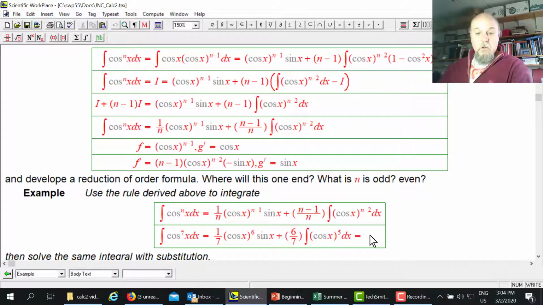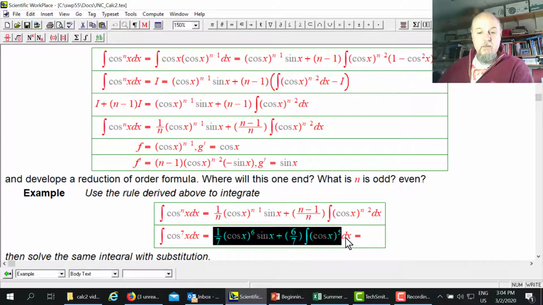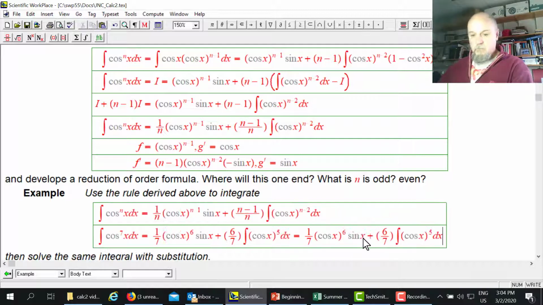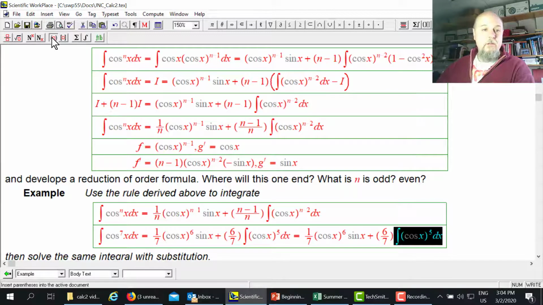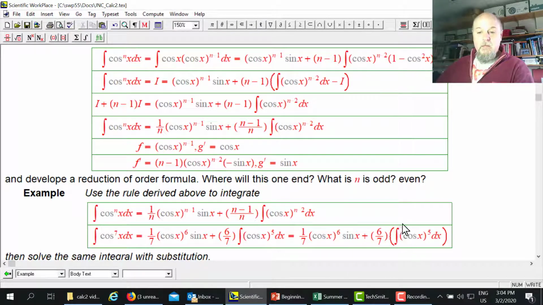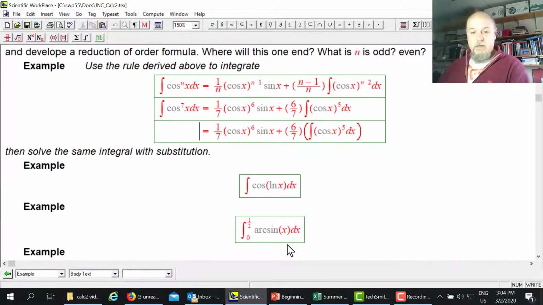So what am I doing next? I've got this, and I want to do this integration here. So in this integration, I'm going to use my reduction formula, but n is equal to 5. All right, I think I need more space here.